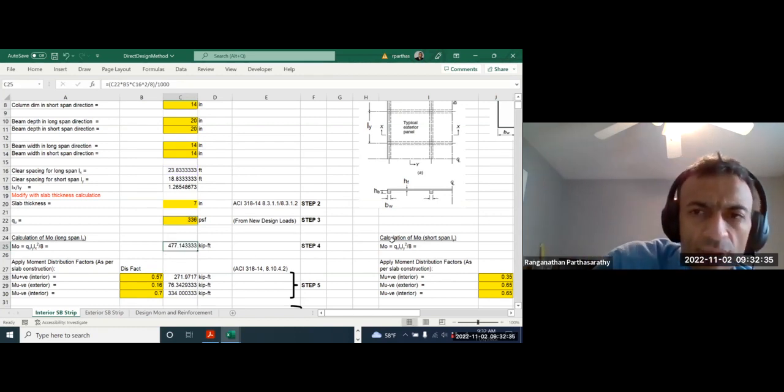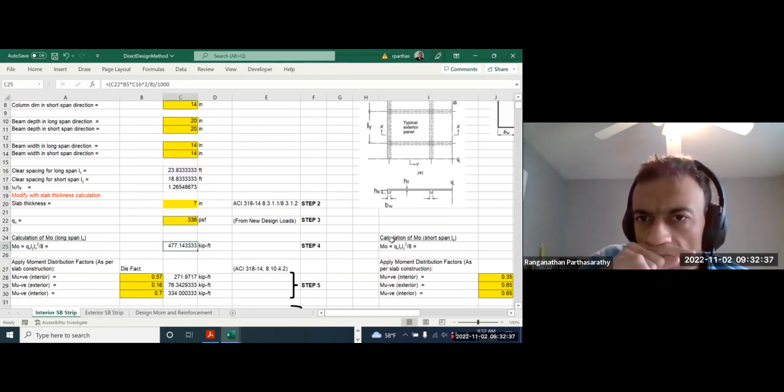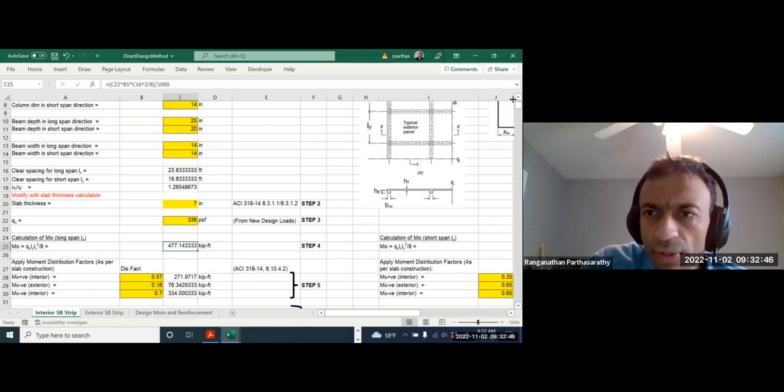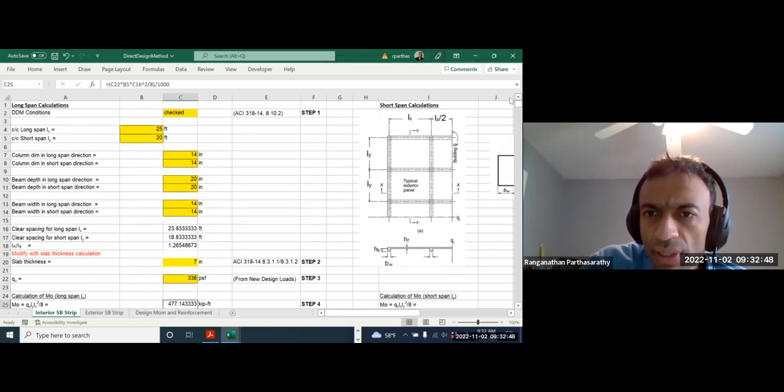Okay, this one is for long span bending. In the long span, if you see, this is the long span bending direction.